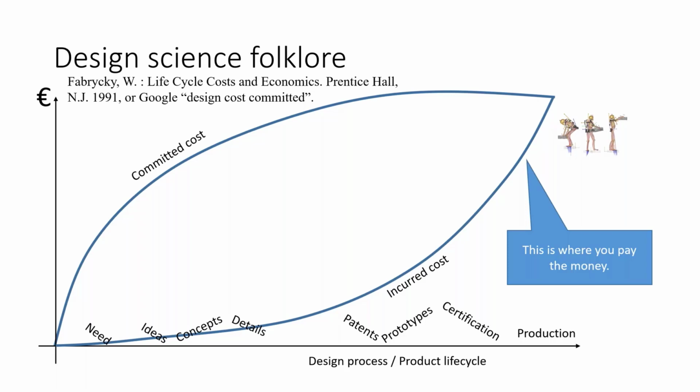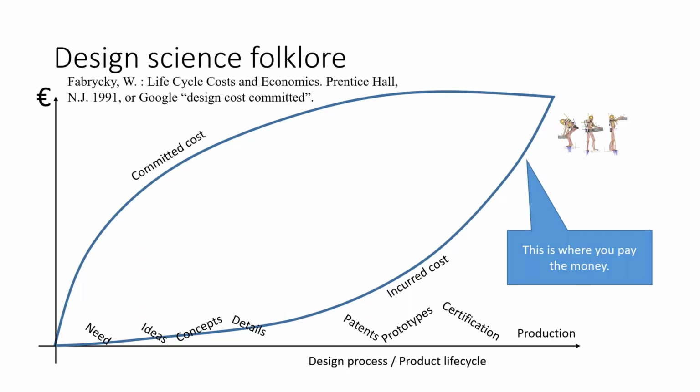So the idea is that at the beginning of the process, when the engineers were throwing the ideas around, possibly without knowing it, they were making some very expensive decisions because they were deciding on all of the concepts that would later determine the cost of the product. So the committed cost runs very quickly in the beginning and not so fast at the end.